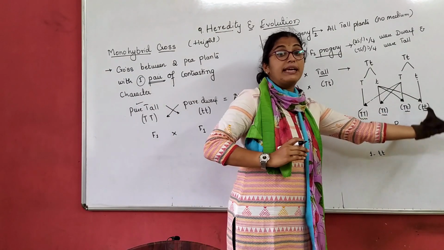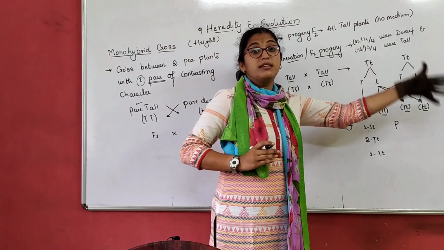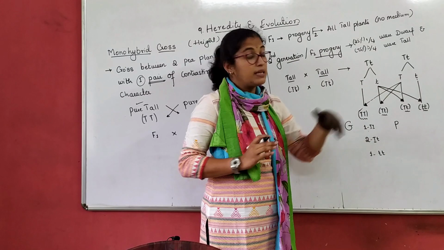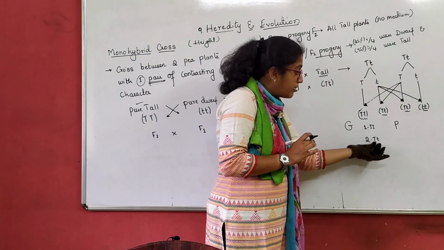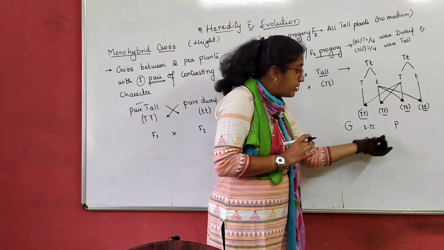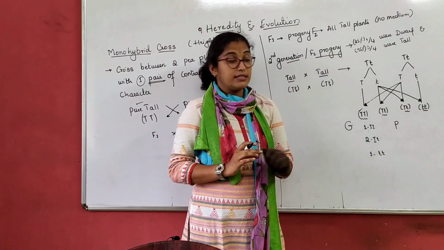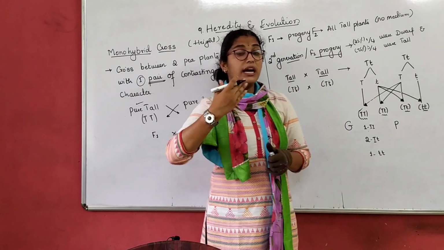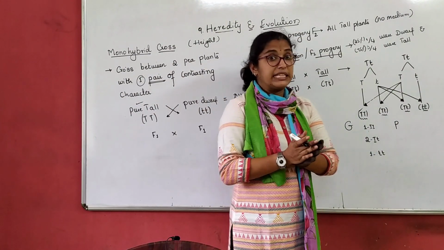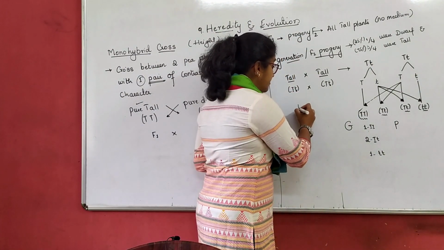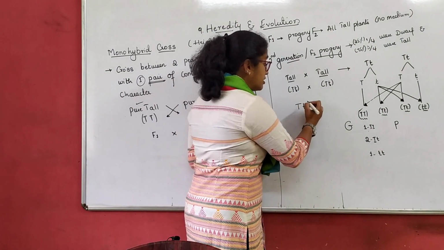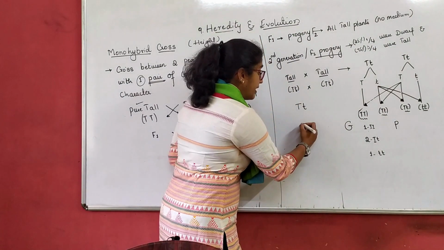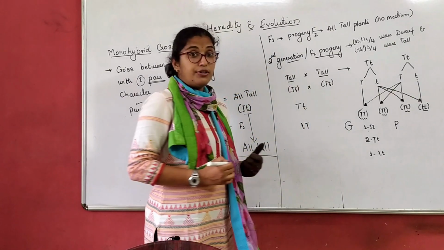Now in phenotype we will see which is expressing and which is suppressing. So two plants which are T and T here, one is dominant, one is recessive. Similar here. Again to remind you once again, dominant is always written in capital and recessive is always written in small letter. I can also write it like this, right?